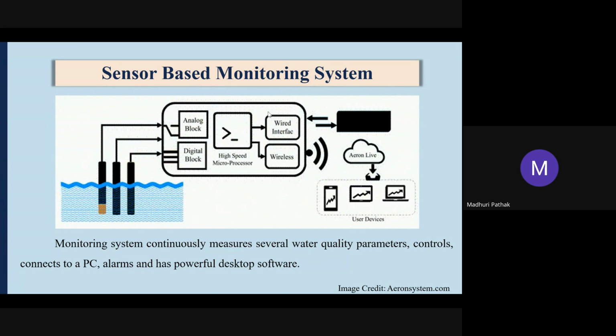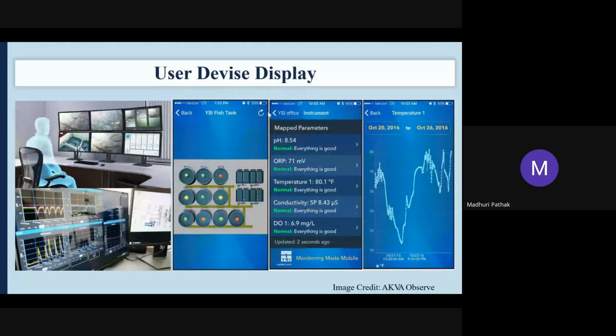Then the system will automatically do its operation. Suppose dissolved oxygen is very low, it will switch on the aerator. If pH is very low, it will apply lime. So that way fertilization will be done based on the ammonia level or algal bloom level. So user device display.